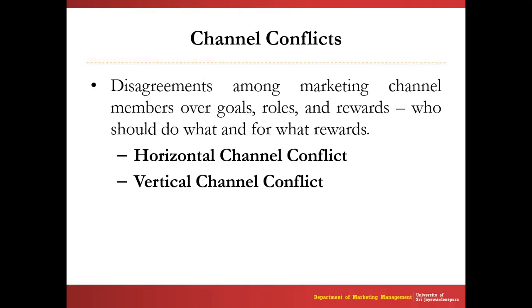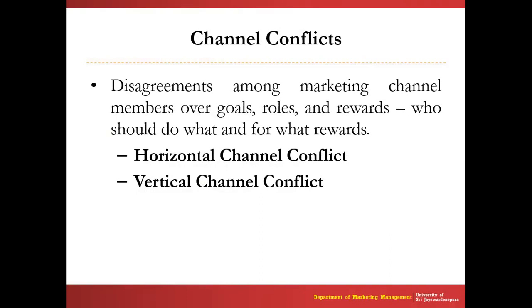Those are called horizontal channel conflicts, whereas vertical channel conflicts means the conflicts or disagreements between two levels of the channel. As an example, conflict between the retailer and wholesaler.